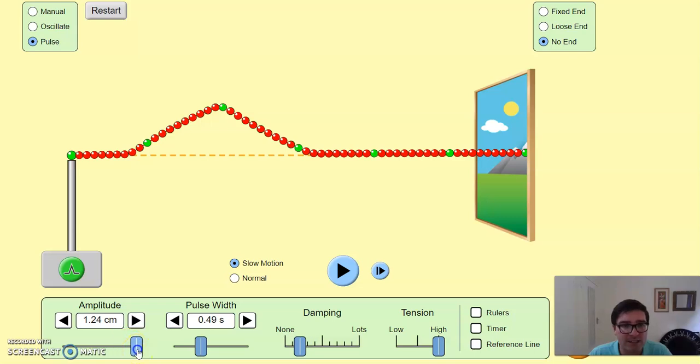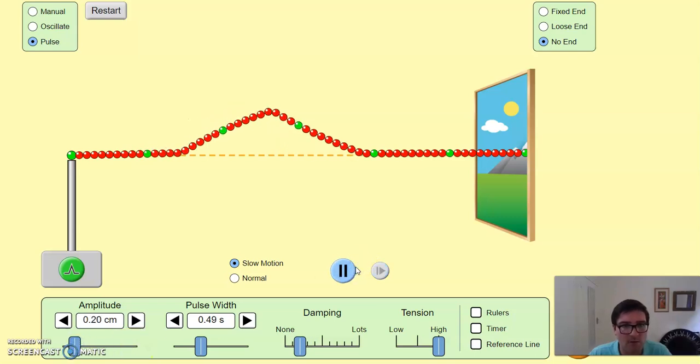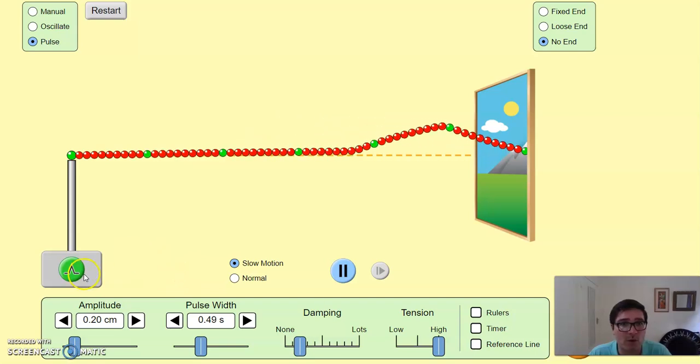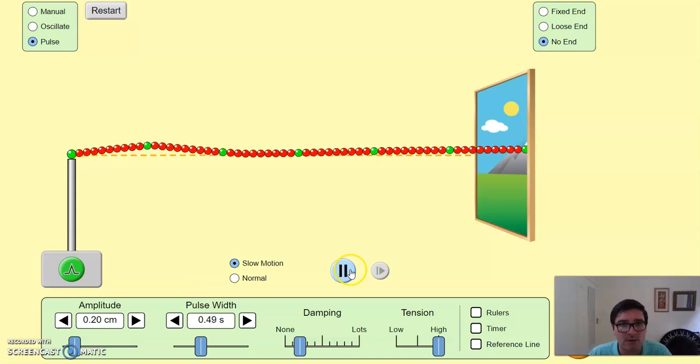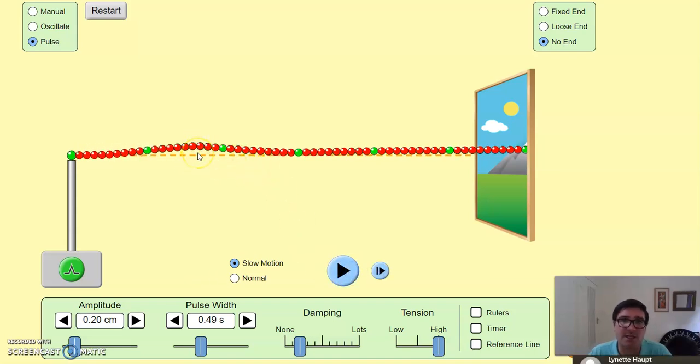Okay, if I decrease the amplitude, let's just let that one run. I've decreased the amplitude now. Now you will see the displacement from the rest position is smaller. Okay, so a smaller amplitude then means that the pulse is a bit smaller. Okay, it's not as big.